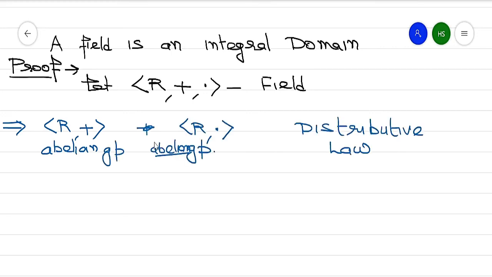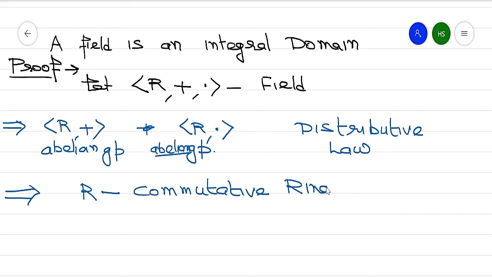So, to prove it is an integral domain, one thing is clear, this R is a commutative ring.